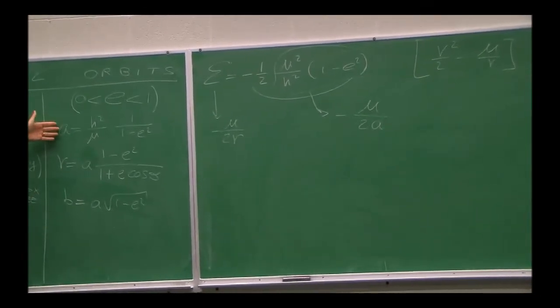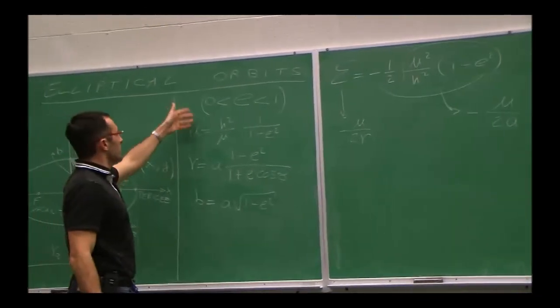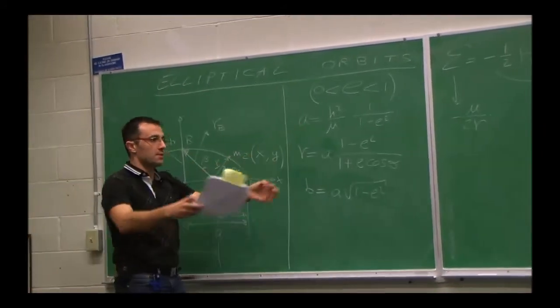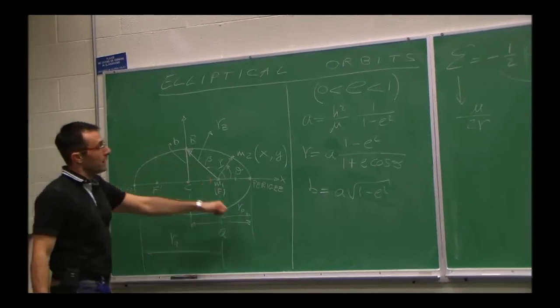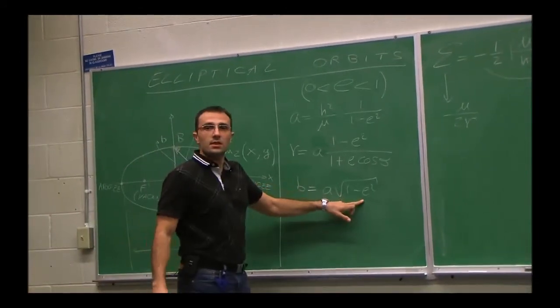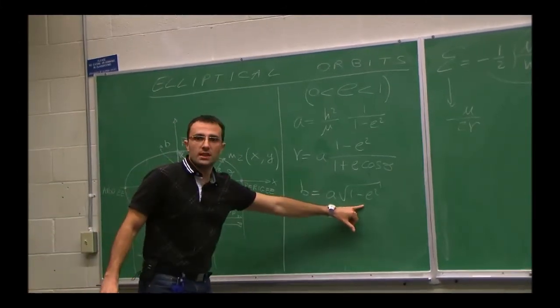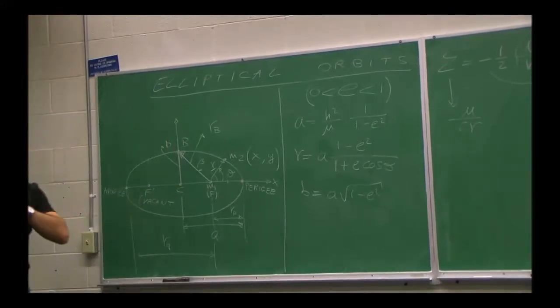When you have a trajectory and you are able to determine h and e, then you move to the plane and you look at the shape by talking about semi-major axis, how long it is in this direction, semi-minor axis, which, by the way, the more eccentric you are, the shorter it is. Fixing a, you make it more eccentric, you're shrinking the semi-minor axis, so it will look more elliptical.